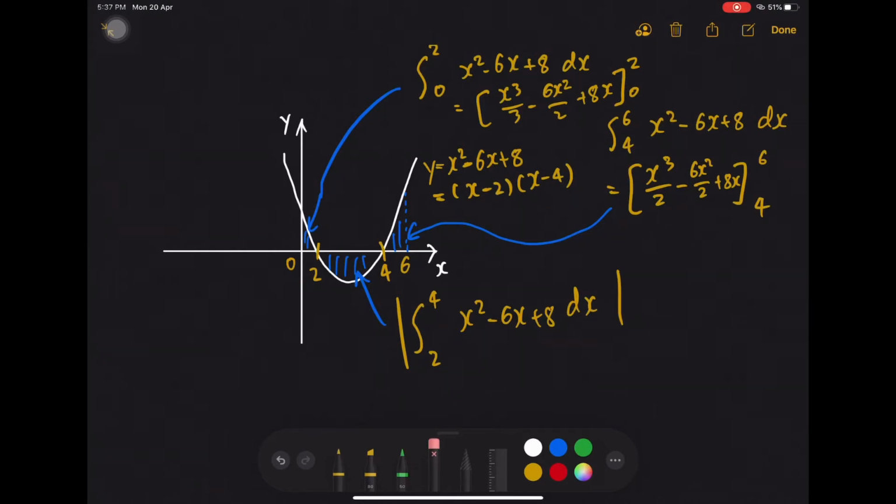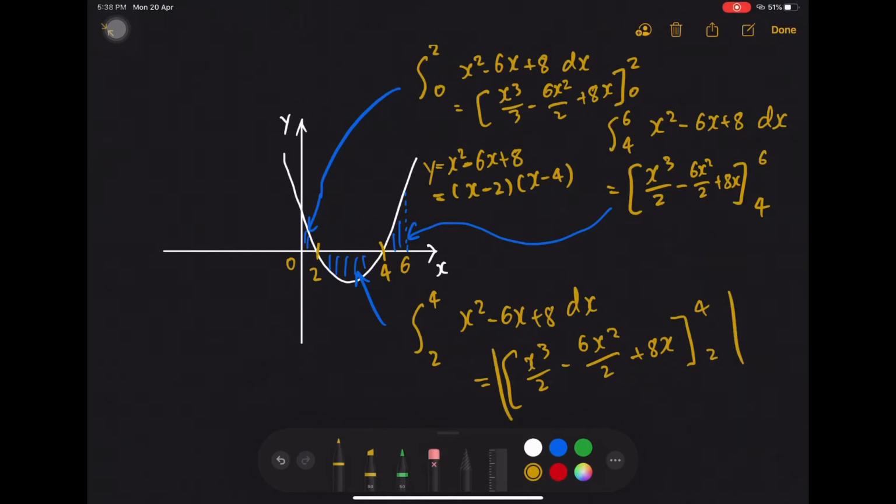Okay, so you'll get the same thing, x cubed minus and so on. So we have something like this. But in this case, because you know that you're going to get a negative value, you can mod it first. And then you just add on the ones you found for the different parts of the area. Add them together, you get the area for the answer there.